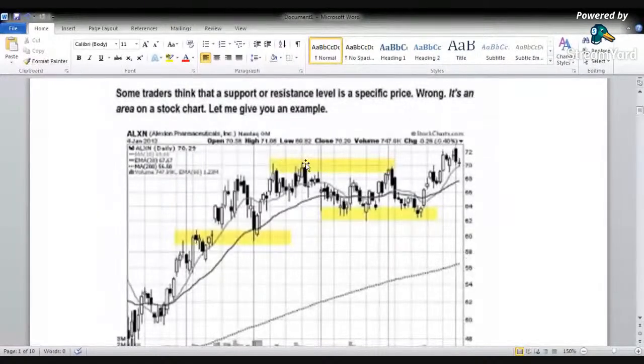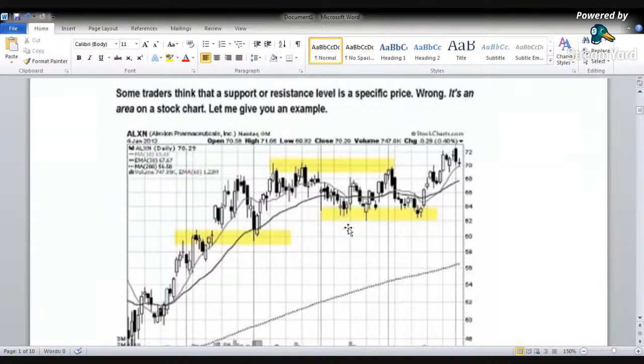Here, this price is hitting 3 times. Okay, the yellow line above. So this is the resistance. Now, this bottom also with the yellow highlighted area, this is called as support.